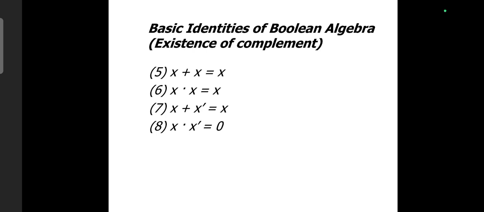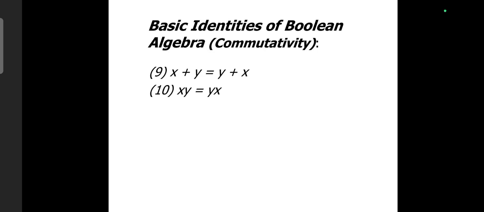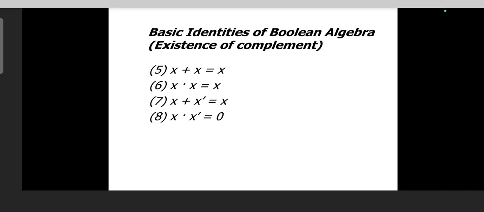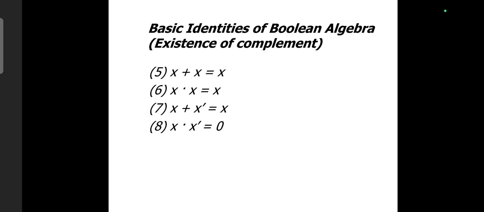Another important identity is x multiplied by x prime equals 0.